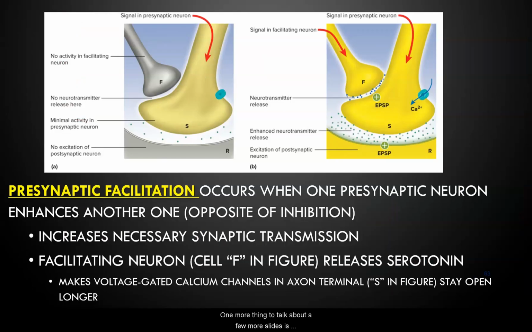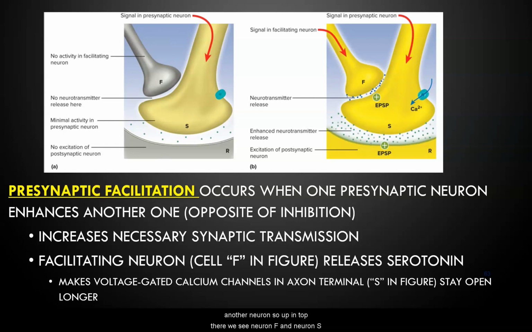Okay, one more thing to talk about, a few more slides, is presynaptic facilitation. This occurs when one presynaptic neuron enhances another one. It's the opposite of what we'll talk next about, inhibition. So neurons routinely work in groups to modify each other's actions. So obviously presynaptic facilitation is where you have one neuron that helps to facilitate another neuron.